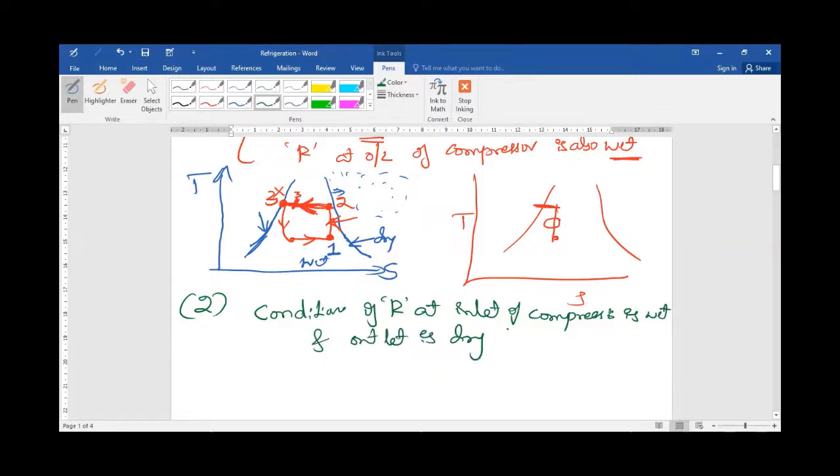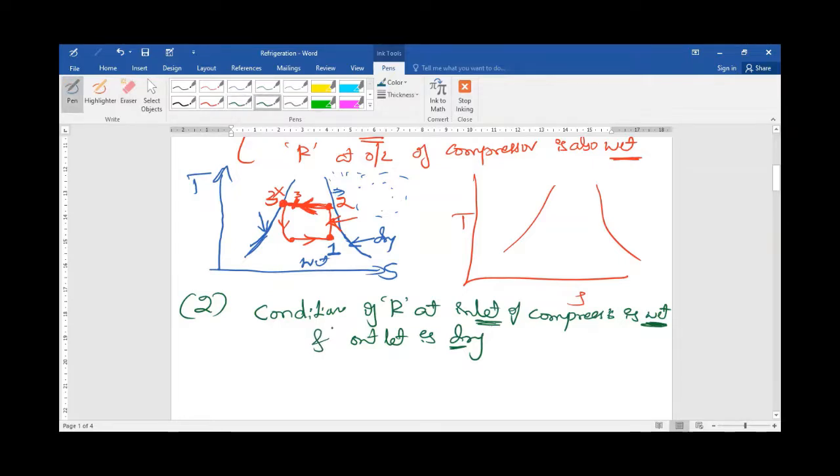Okay, outlet is dry and inlet is wet. 90% any one condition will be given, my dear students. They will say only inlet or outlet. If the condition at inlet is wet, 100% at the outlet it should be dry. Okay, I will draw this diagram here.